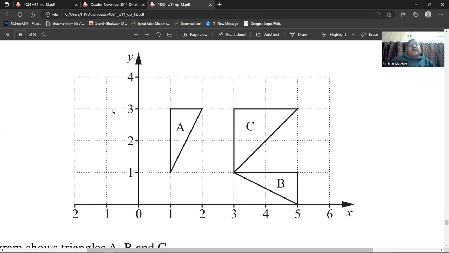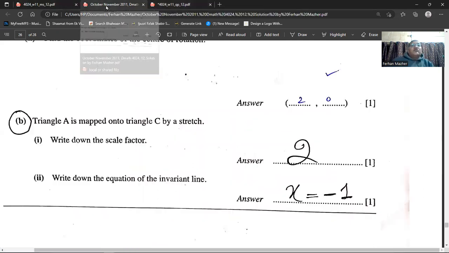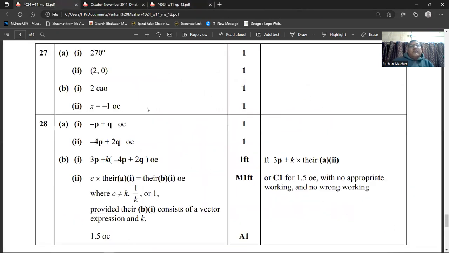So when you double it, it will become 6. So if this is the invariant line, the image of this is here. So its distance is 1, 2, 3, 4, 5, 6. So this is the invariant line. So the invariant line here is x equals to -1.